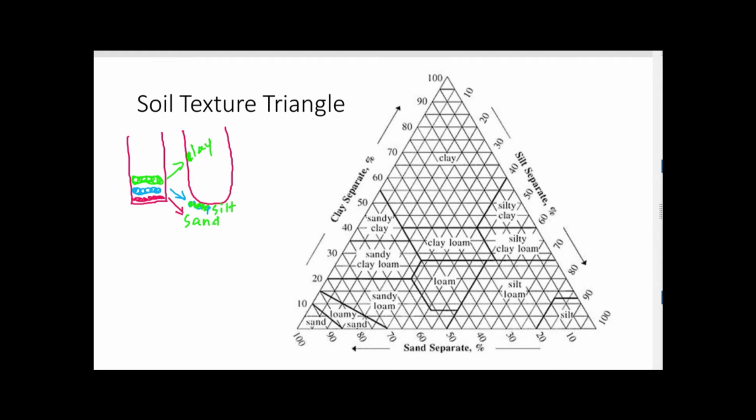But if you know that you have 15 mils of soil, and you know that 5 of it is sand and 5 of it is silt because you got those two to settle out, then you can do 15 minus 5 minus 5 and get 5 for your clay.